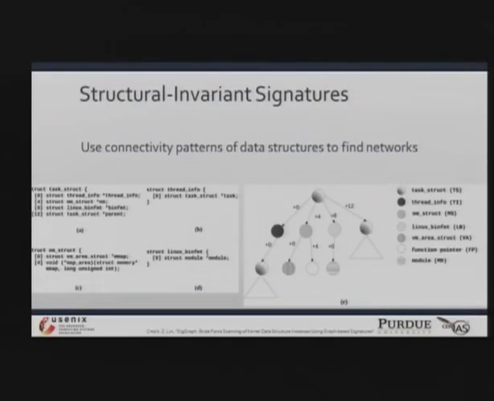And so if we rely on this network, on this connectivity of data structures within a memory image, we can just find one and then naturally walk the pointers out to find all the data structures we're interested in.